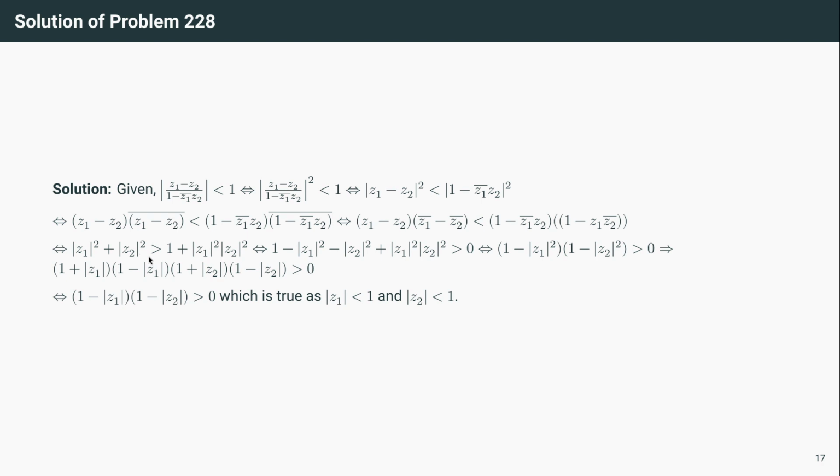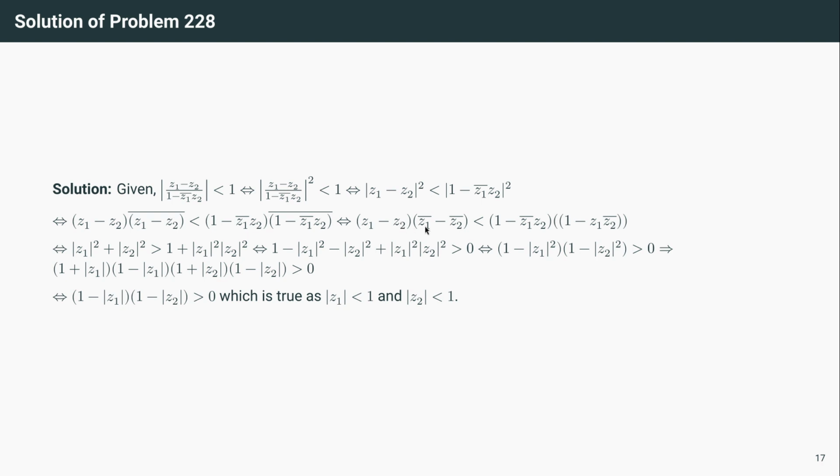Let me think. Right, this is z1 square and this is z2 square. This is z1 bar z2.